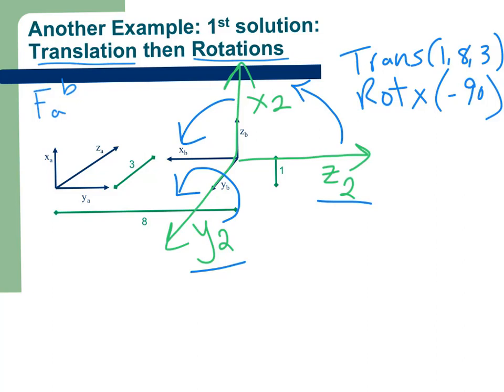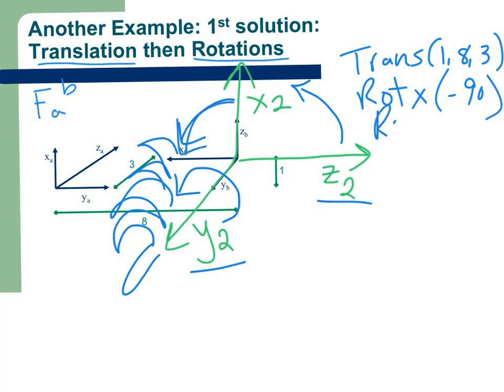If I stick my right thumb in the positive direction of y, my fingers curl like this. I should get better at drawing fingers. That means we're doing a rotation in the positive direction, again 90 degrees. So we're going to do a rot y of positive 90 degrees.